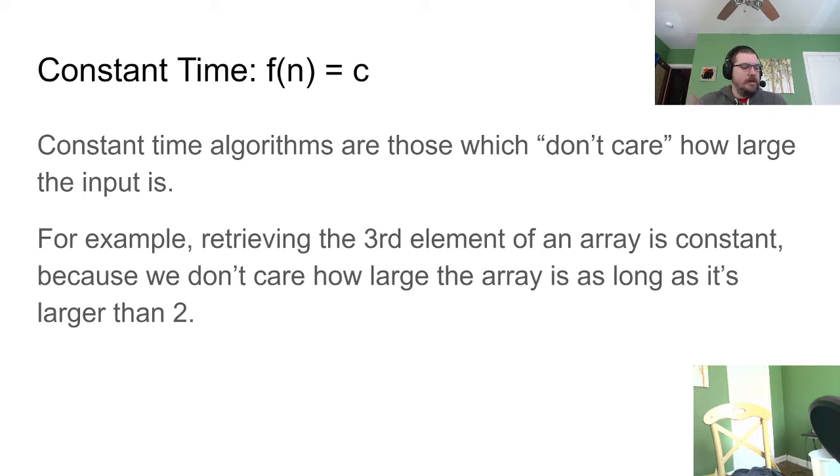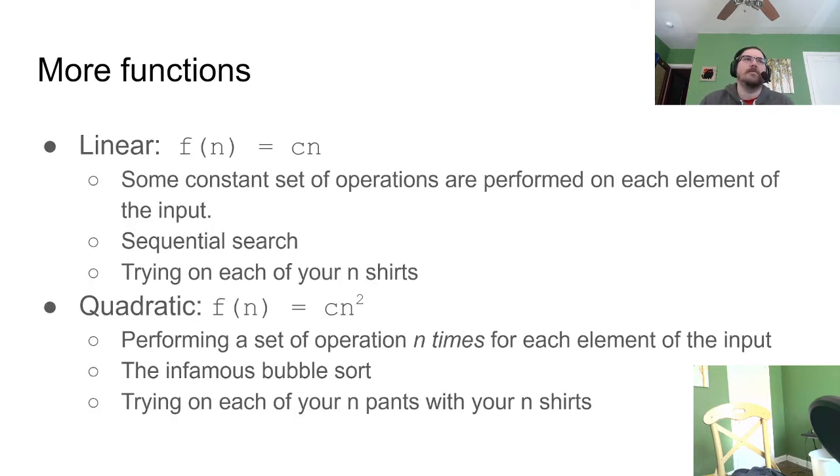It could be 1,000,000, it could be 10 million, a billion, or 200, and I can always get to the 50th slot in one array lookup, because it just takes the beginning of the array and the size of each element of the array, multiplies it by 50, and adds it to the starting position. That's all it does. It does a multiplication and an addition. Doesn't care how big the thing is. So constant time is our fastest because it doesn't care how much data there is. That's amazing, right? It'll always just do a fixed number of things.